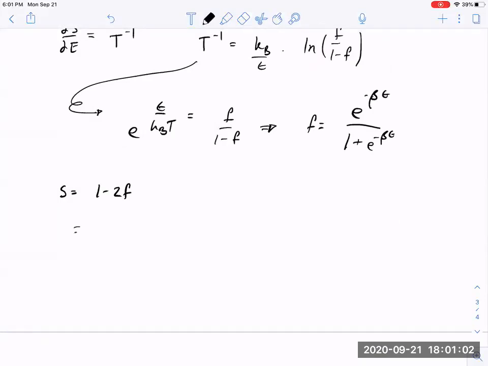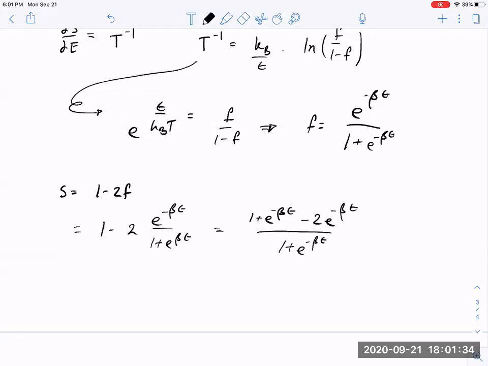So if we plug in f, we've just got 1 minus twice e to the minus beta epsilon over 1 plus e to the minus beta epsilon. We find a common denominator. This is nothing but 1 plus e to the minus beta epsilon minus twice e to the minus beta epsilon over 1 plus e to the minus beta epsilon.